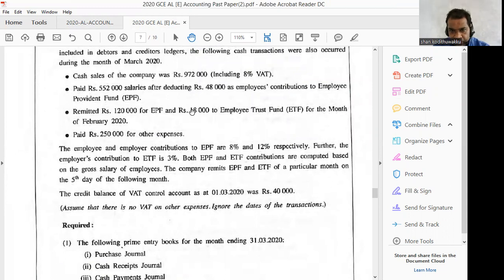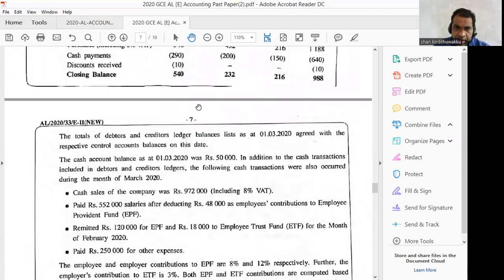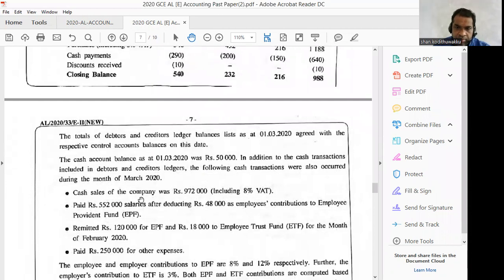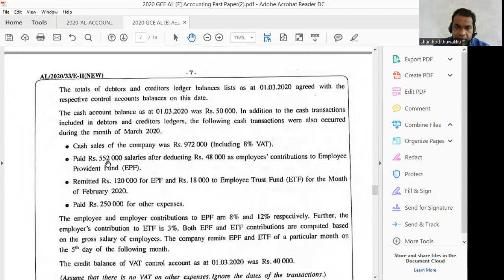Then this month also should be equal to the salary, 18,000. But we have to check here. They had given you paid 550 salaries after deducting 48, no? Then we can check 48 equals 8%, that is EPF contribution by the employee.